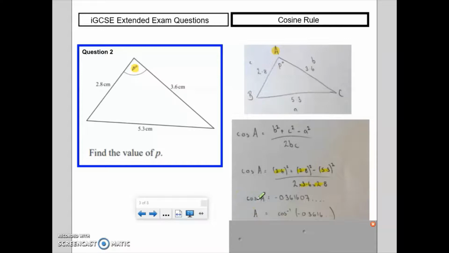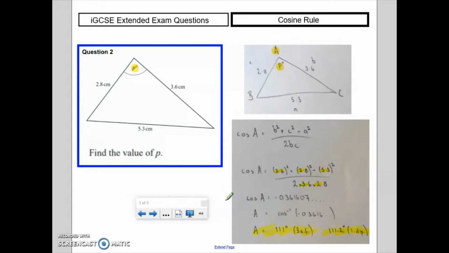Because it was cos of A, I've used the inverse cosine of that value to tell me the value of capital A. That'll go into my calculator. The calculator will tell me that rounded to 3 significant figures, the angle P, which I've also labelled as capital A, is 111 degrees to 3 significant figures, or 111.2 when I round to 1 decimal place.